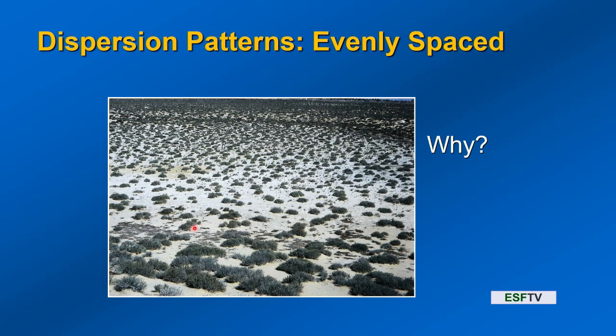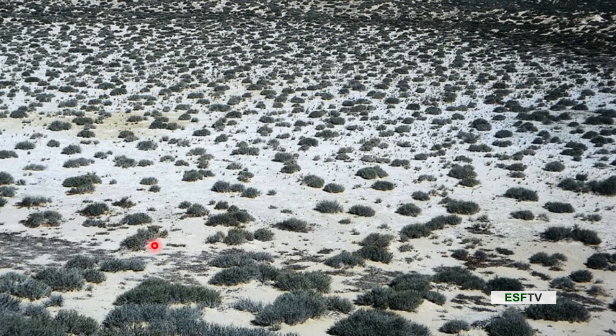Here's another dispersion pattern, and these are evenly spaced. The penguins was the example that the book uses, but I like this one from the desert. You have these little shrubs. They're not huge because it's really dry. But out in here, there's a nice evenly spaced distribution pattern.